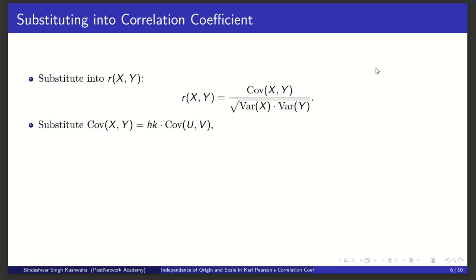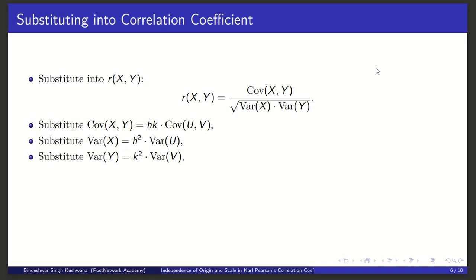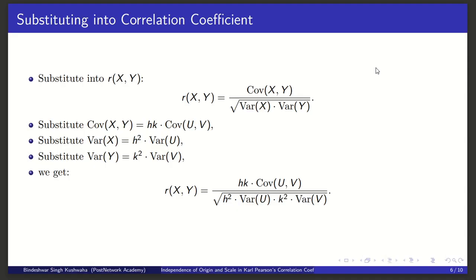The covariance between x and y is hk times the covariance of u and v, and the variance of x is h square times the variance of u. The same way, the variance of y is k square times the variance of v. Let us plug these values.